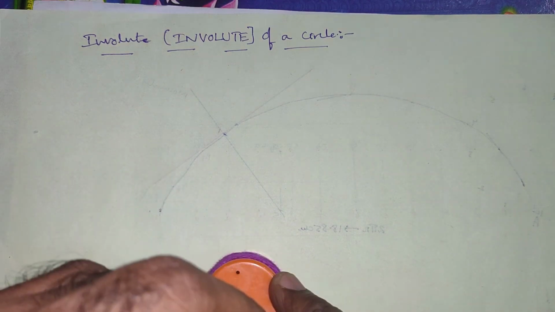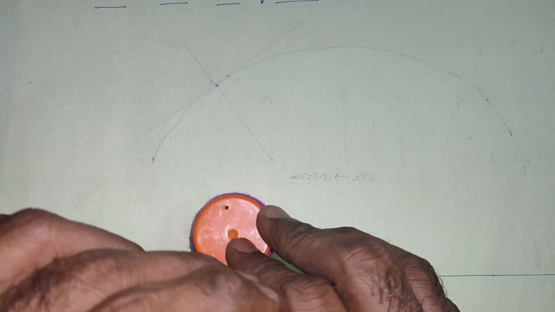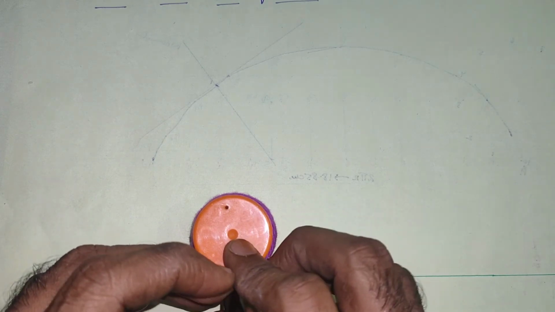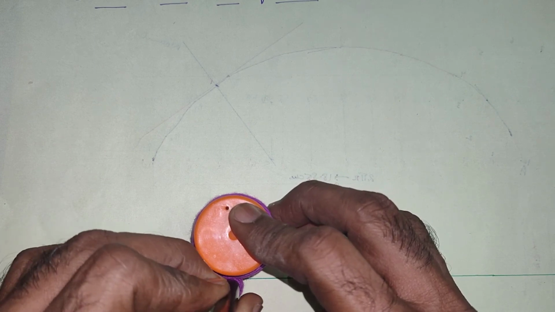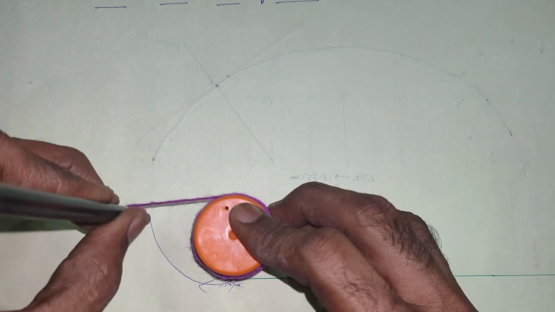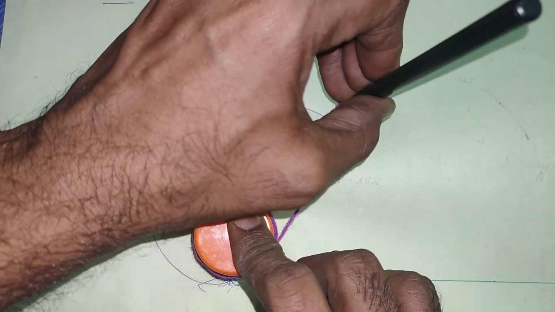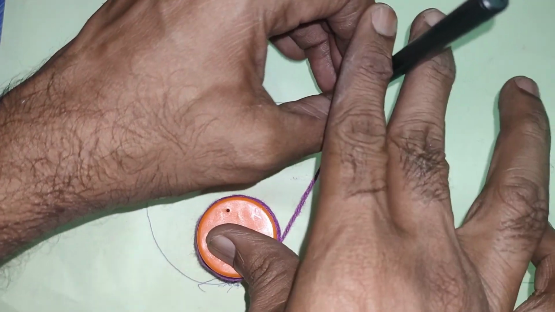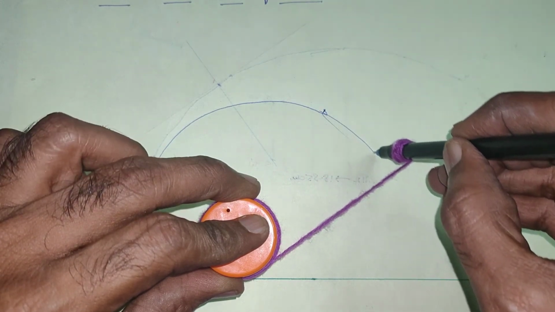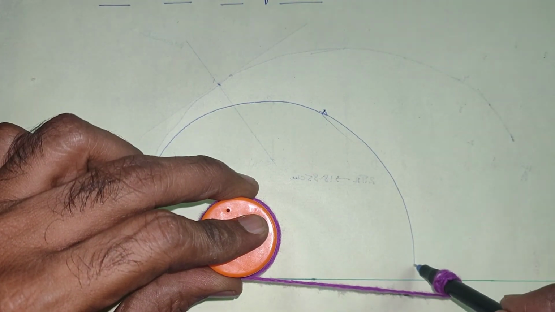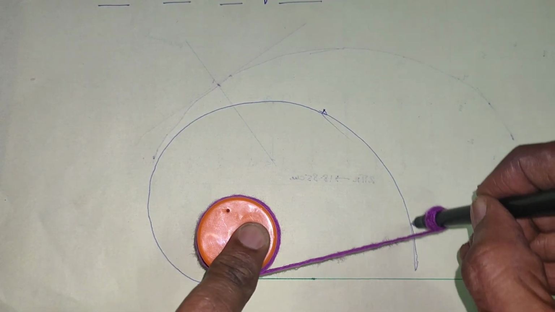So here, let me show you an example. Here, we are going to trace the path. So here, you can observe this.